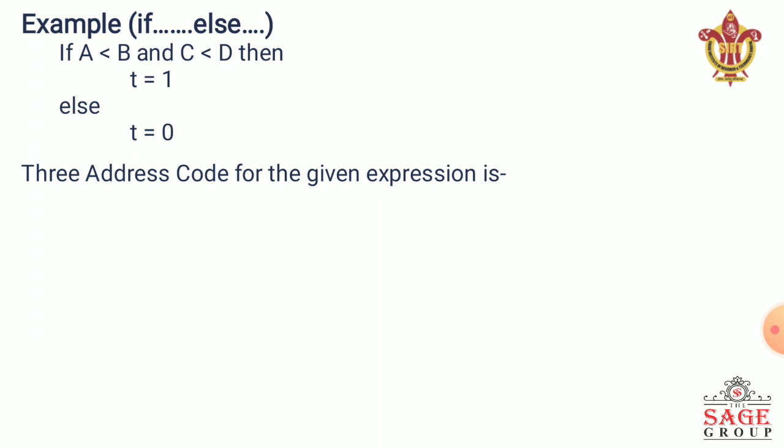Now we have seen another if-else example where two conditions are connected by AND logic. If both these conditions are true, then we execute our true part, and if these conditions are false, then we execute our else part.